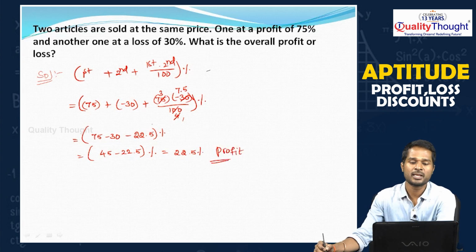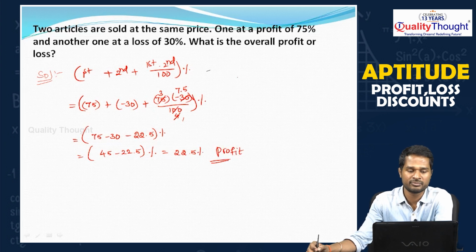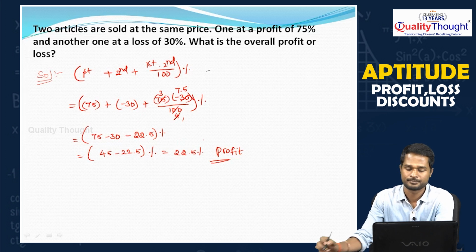So, when the selling price is same, but one material is giving 75% profit, another material is giving a loss of 30%, then on both the materials together, the person will receive a profit of 22.5%.